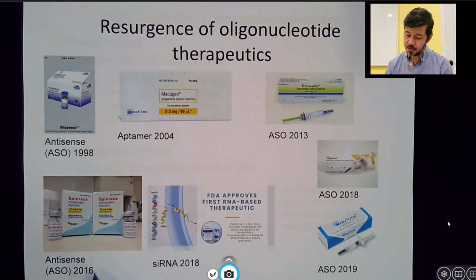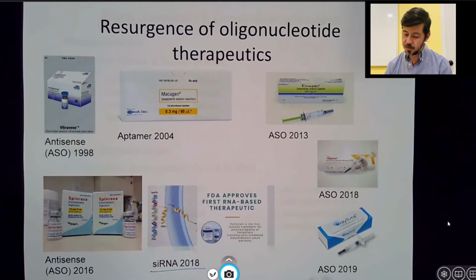And it wasn't until 2016 when Spinraza came on the market, and this treats a very rare disease. And then shortly after, in 2018, there were siRNAs, short interfering RNAs, and this was the first FDA-approved RNA-based therapeutic. This one's called patisiran.